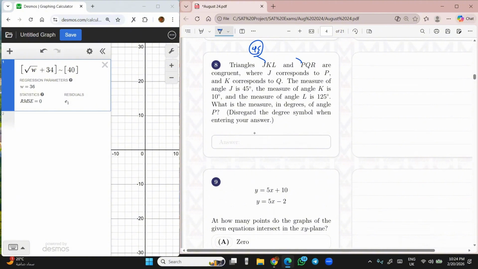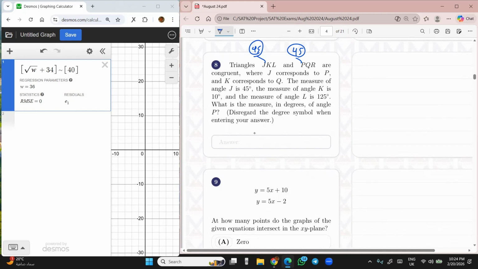As long as P corresponds to J, they have the same angle measure. So this is also 45, considering the congruence and also the similarity. If they are similar, not only congruent, we can consider also the corresponding angles have the same measure. So angle P measures 45, the same as J.